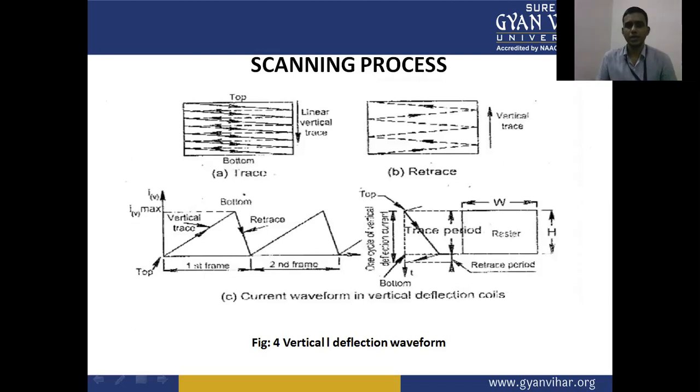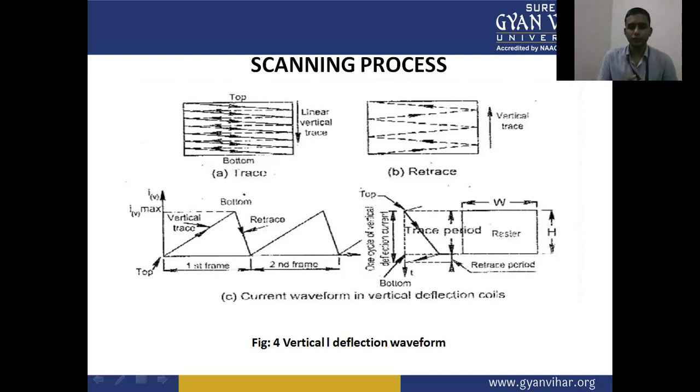The scanning process in the vertical deflection waveform, or vertical scanning process, is shown in figure A, that is, the linear vertical trace from top to bottom is shown. The dotted line shows the retrace period and the dark line shows the trace period. In figure B, we have a retrace period, which is shown as a dotted line from bottom to the top.